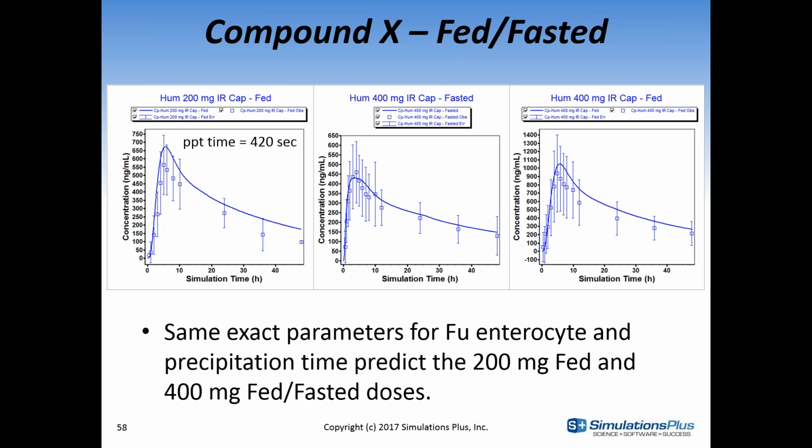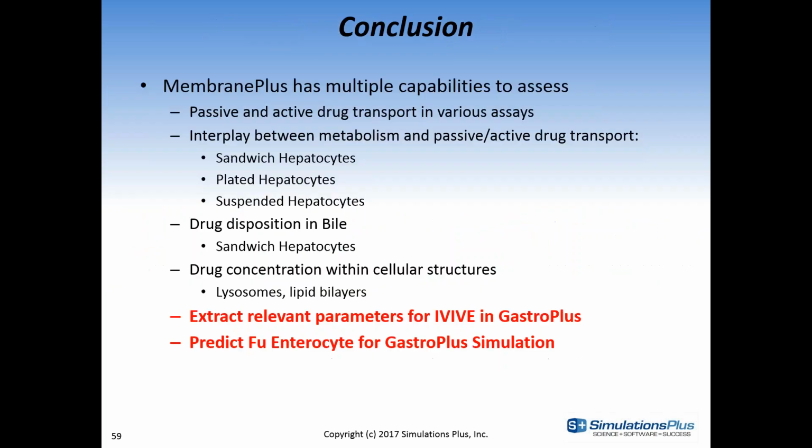We really did minimal amounts of fitting in this case. All we had to do is change the precipitation time to similar values that they had shown in the paper as well. So again, MembranePlus provides critical inputs for the FU enterocyte that allows us to predict in vivo simulation results in GastroPlus.